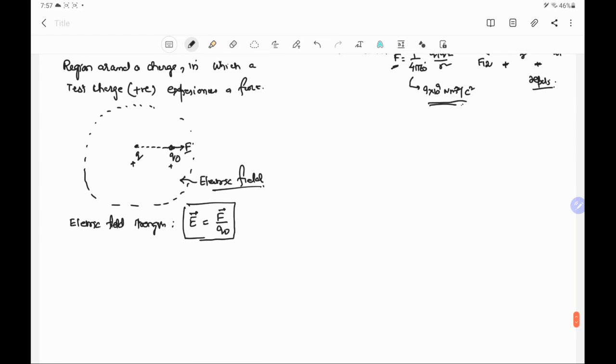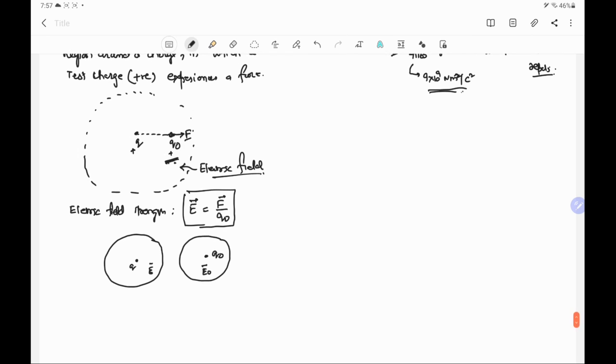Now, one thing is to be noted: as the region is created by Q, that is, Q has its own electric field. Similarly, Q0 will also have its own electric field, say E0. Then if we carry this Q0 in this region, it will influence or change the electric field of the charge Q, for which we are finding the field.